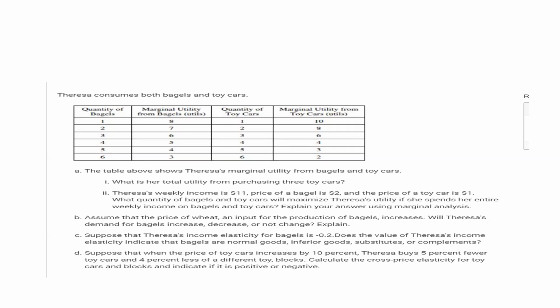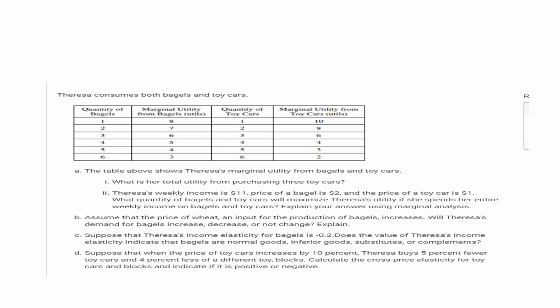Now, whenever you see maximized utility, somewhere the marginal utility of X over the price of X equals the marginal utility of Y over the price of Y. So they gave me the marginal utility of bagels, but now I gotta put it over the price.